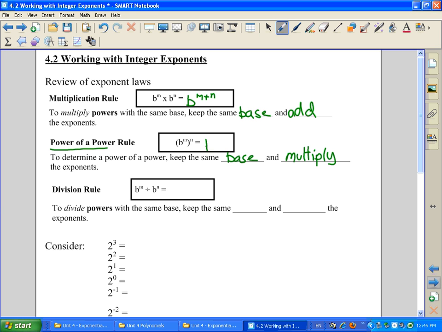So it's going to be b to the m times n. All right. Division rule. To divide powers of the same base, keep the same base and subtract the exponents. So it's going to be b to the m minus n.